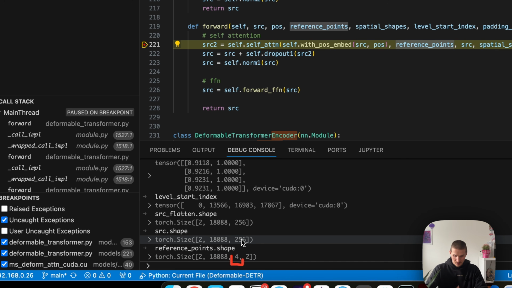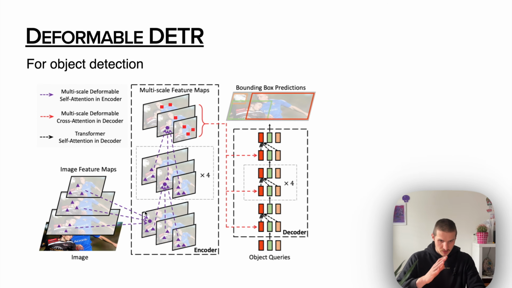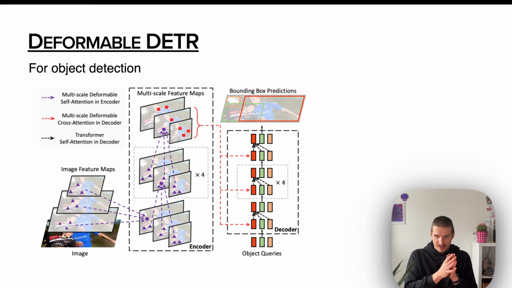So we have 4 levels and we need a reference point for each of them. And then 2 are for X and Y coordinates. So this reference point sequence is the same length as the original sequence, which basically means that for every point in the output, I have a reference point that I need to attend to.